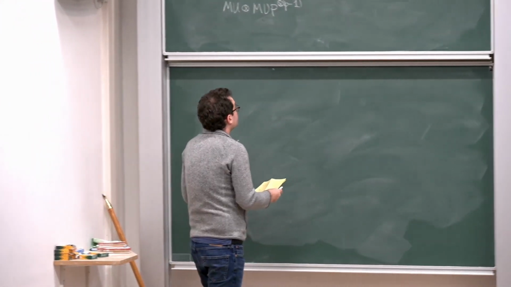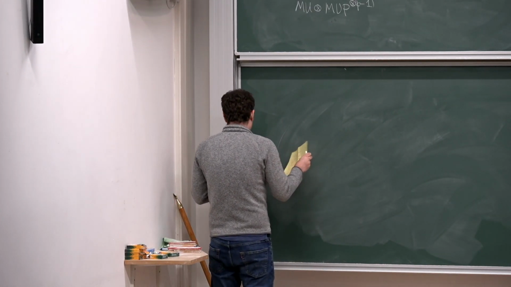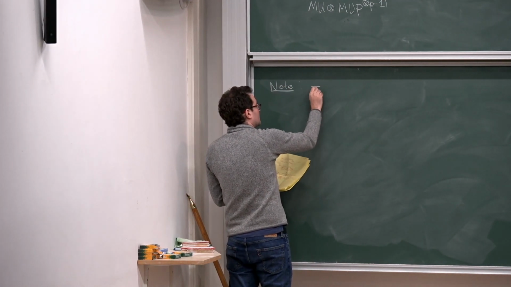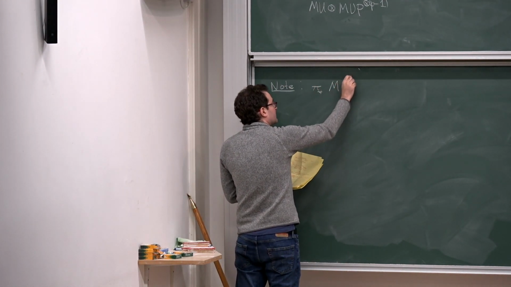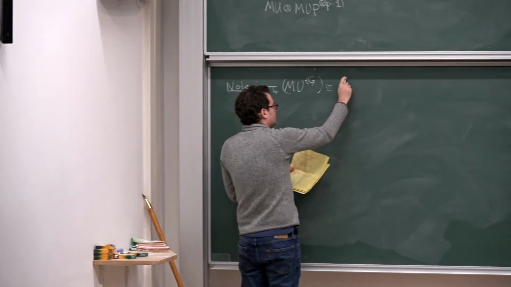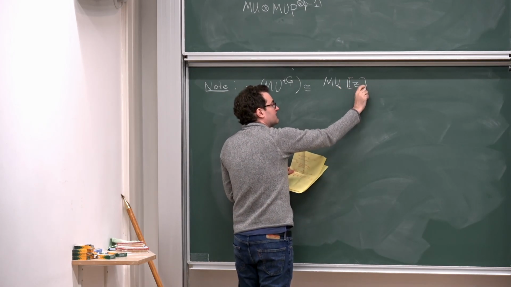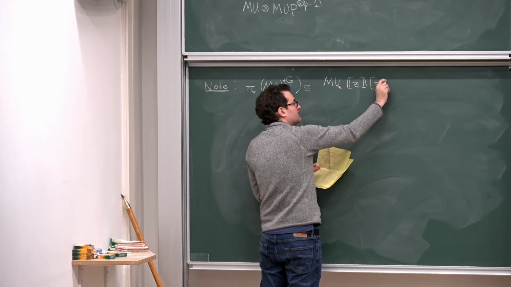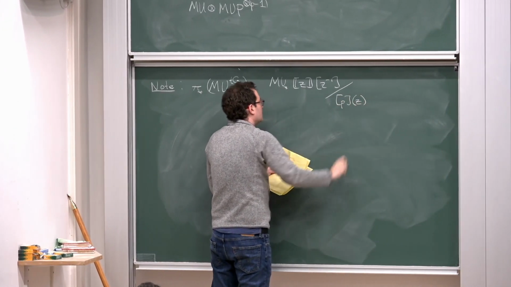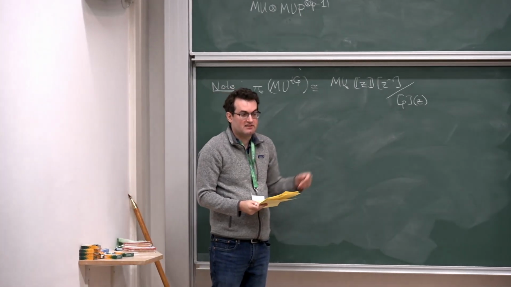So let me not say too much about what this map is, but let me just observe that pi star of MU Tate C_p is very calculable. This is just MU star, i.e. the Lazard ring, I adjoin a power series variable, and then I invert that power series variable, and I mod out by the p-series. Well, that's calculable, and it's somewhat of an ugly expression.